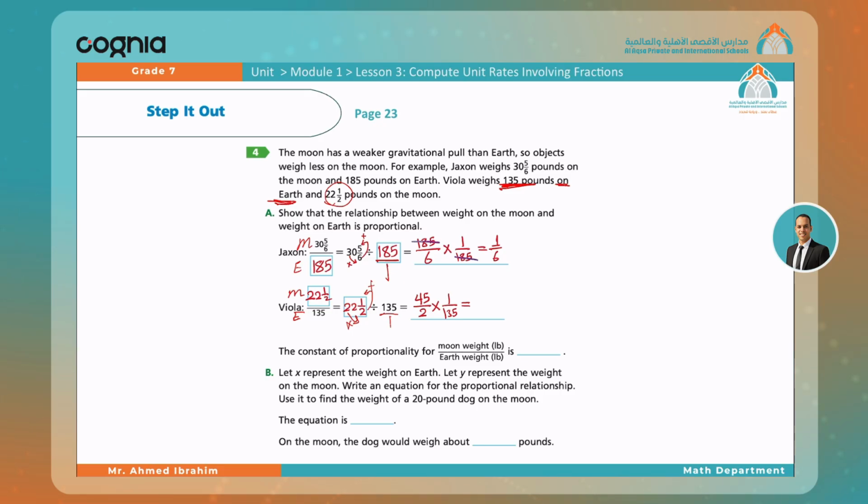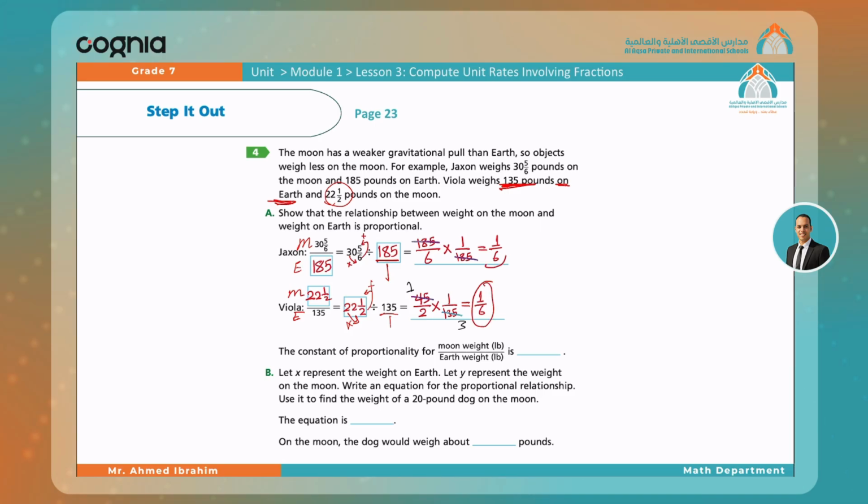If you focus here, 45 and 135, you can simplify them. The 135 is 3 times the 45. So we can divide both numbers by 45. If you divide 45 by 45, you get 1. And if you divide 135 by 45, you get 3. So you will end up with 1 times 1, which is 1, and 2 times 3, which is 6. So it's 1/6.